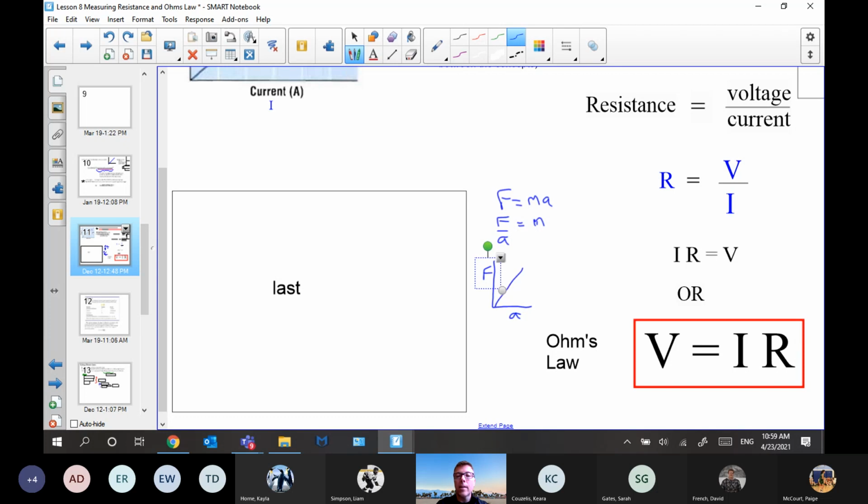And we found there's a straight line, and we found that proportionality constant there, the slope, was a property of the material that determines how much acceleration there is for a given force, and it was mass, right? And so it's just another easy 3-variable equation example that's sort of easy to understand, right? That mass is this physical property that determines how much acceleration there will be. Now we're talking about resistance, a physical property that determines how much current there will be.